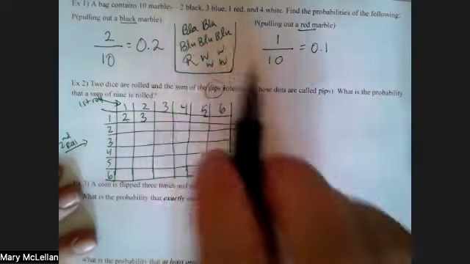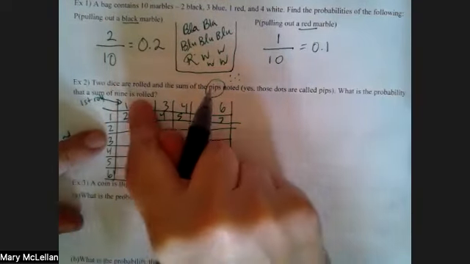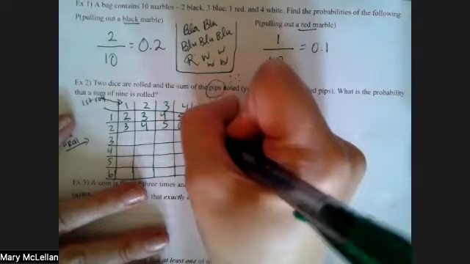Okay, so if I roll 2 1s, I'd get 2. If I rolled a 1 and a 2, I'd get 3. I'll just fill it in. 4, 5, 6, 7. I'm adding them. So if I roll a 1 and a 2, the total is 3. And then it increases by 1.